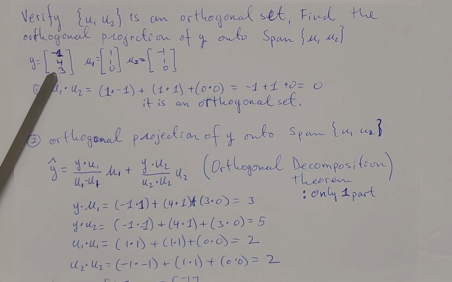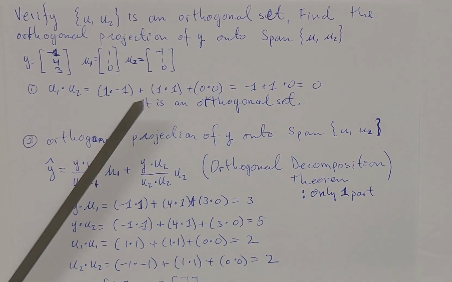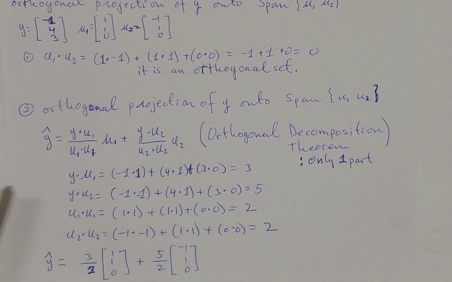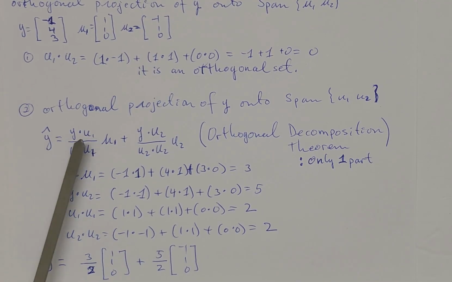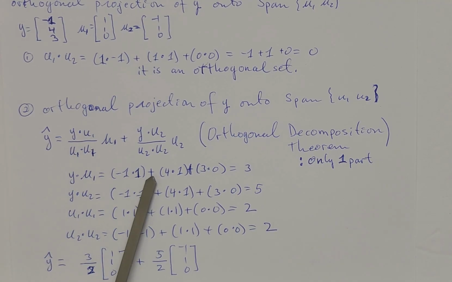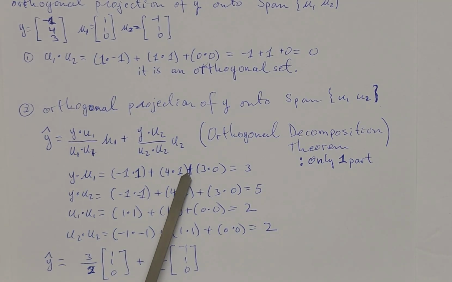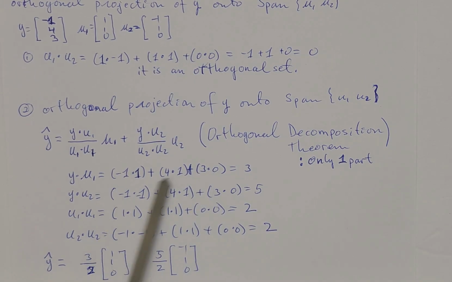So here is my Y, here is my U1, here is my U2, okay? Let's do Y times U1: -1 times 1 plus 4 times 1 plus 3 times 0. Simplify, it comes out to be 3.